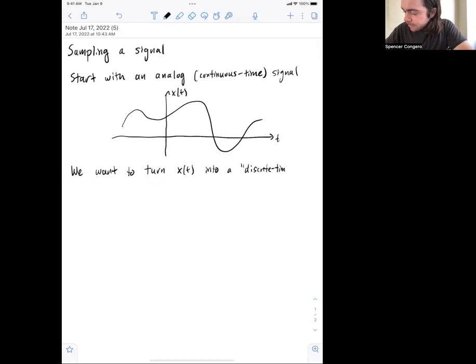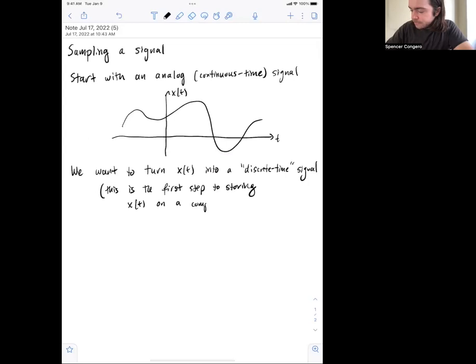I'll show you more about what that means in a second, but this is the first step. You might say, why would we want to do this? Well, it turns out this is the first step to storing x of t on a computer, for example.